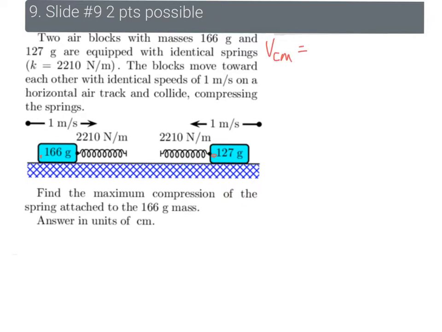That is going to be equal to the total momentum of the system divided by the total mass of the system. So momentum-wise, we'll do our first mass, 0.166, times its velocity, 1, plus the momentum of the mass on the right, which is 0.127, multiplied by its velocity, which is to the left, -1.